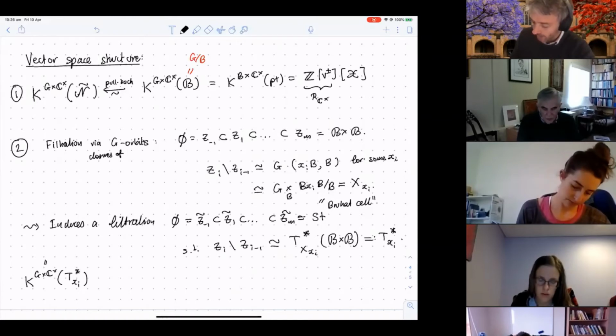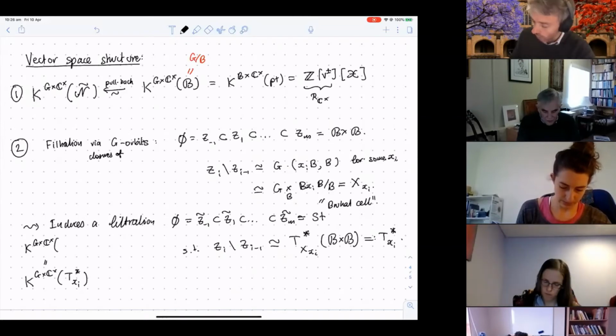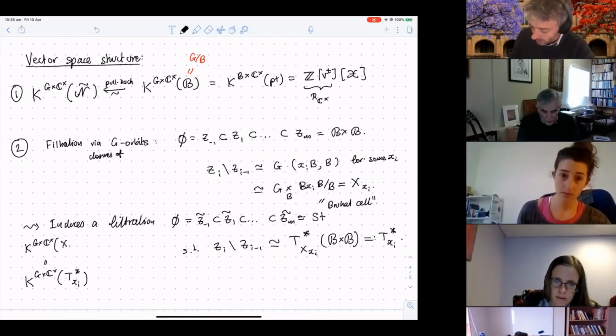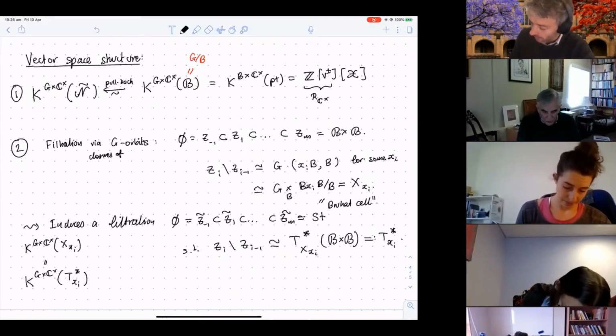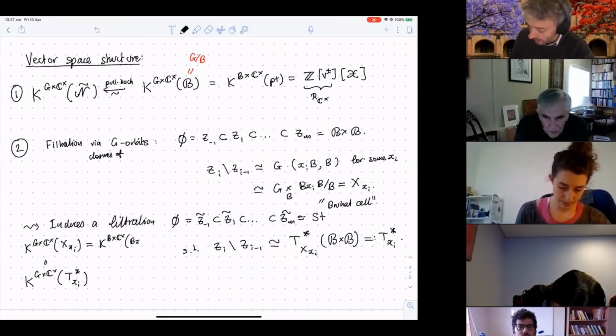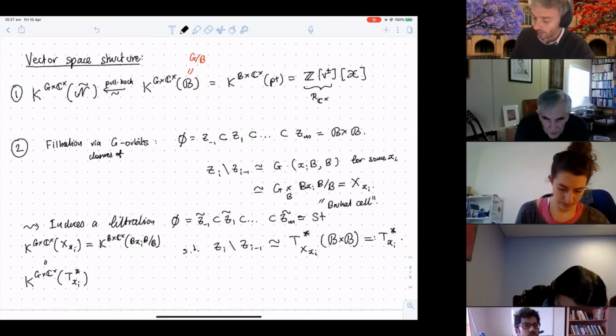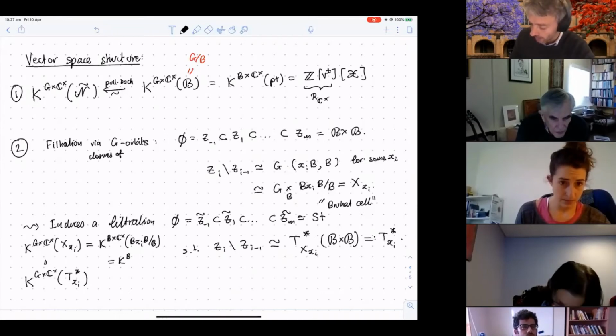TXI star is a vector bundle over, so this should be the same thing as G times C star equivariant K theory of XXI, which should be the same thing as the B times C star equivariant K theory of BXI B mod B. But now again, this is an affine space, so this should just be the B times C star equivariant K theory of a point.